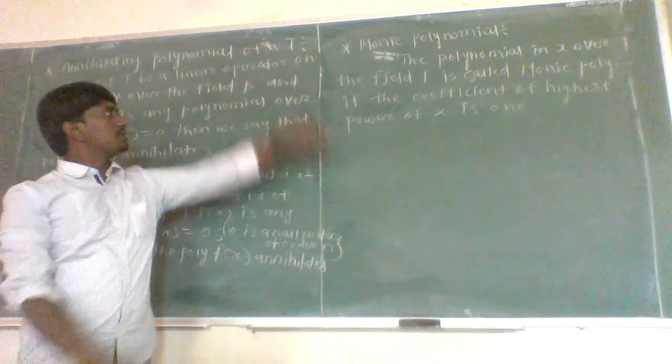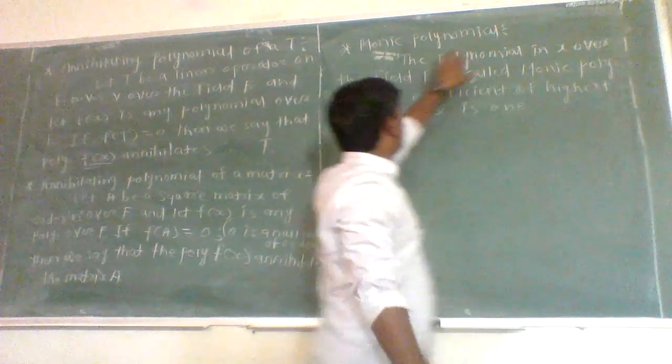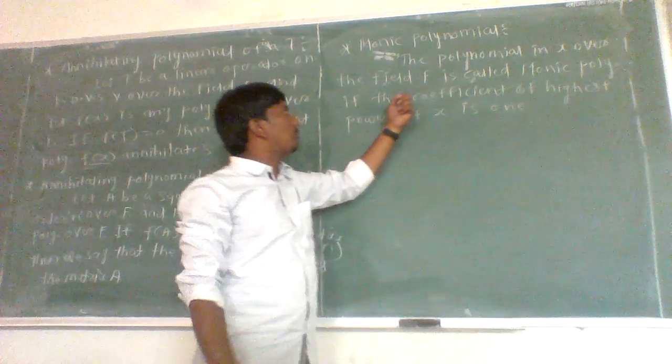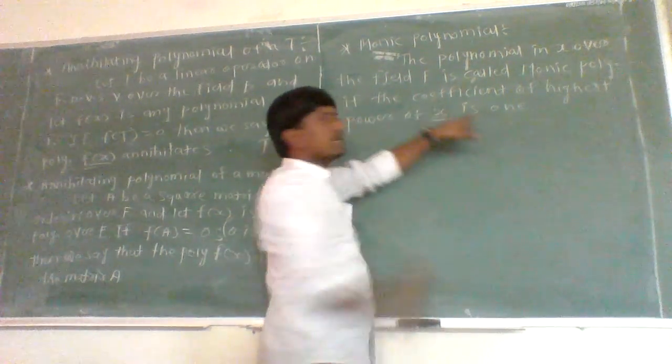So we have to see what a monic polynomial is. The polynomial in variable x over the field F is called a monic polynomial if the coefficient of the highest power of this variable x is 1.